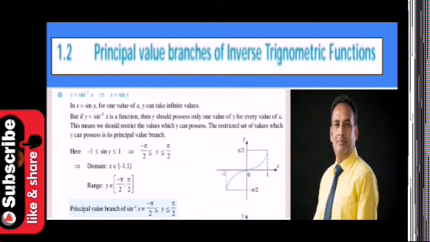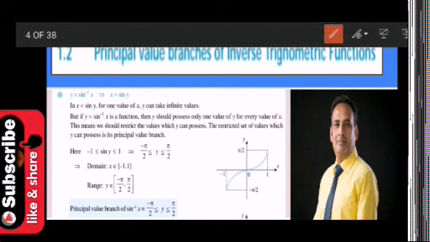This is an increasing function, the function goes this way. This part is -pi by 2 and this part is +pi by 2, and y lies between -pi by 2 to +pi by 2. This is the principal value branch, also called the range of this function.